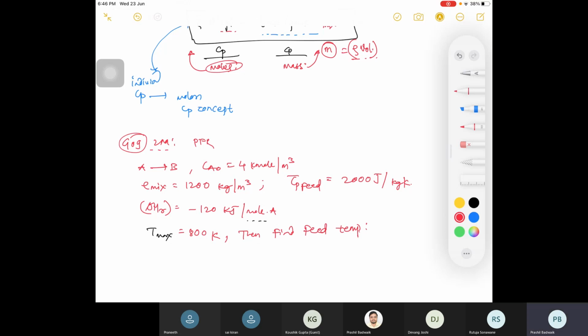How can you approach? PFR is given, and density of mixture and everything is given. And here it is written that all things are independent of temperature.